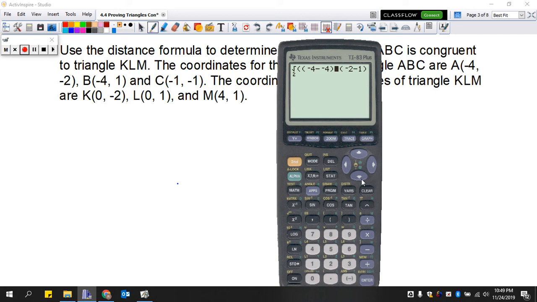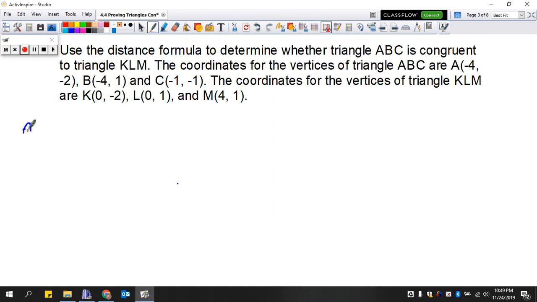And hit the insert and hit squared. Come back down to the bottom here and close the parentheses for that square root. We end up that AB is equal to 3. All right.